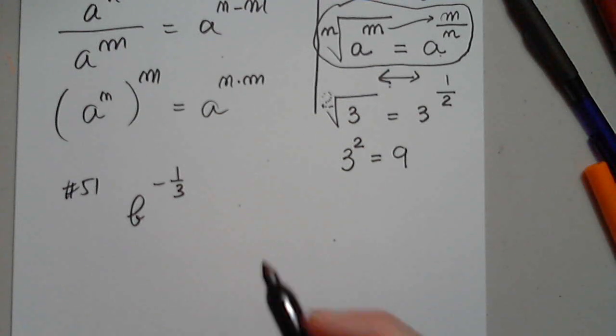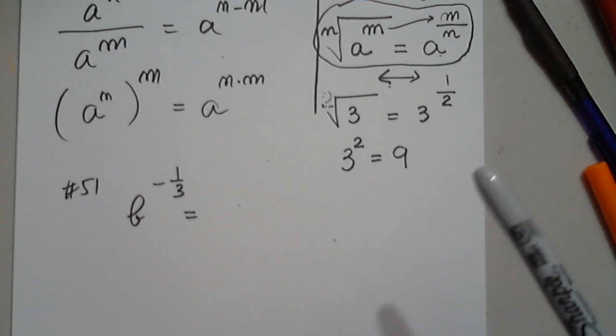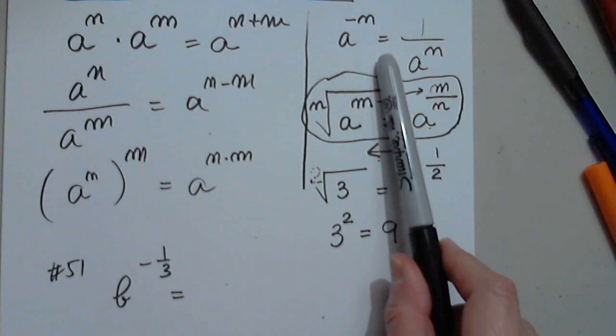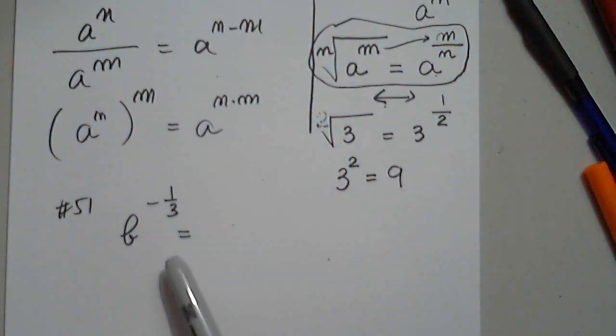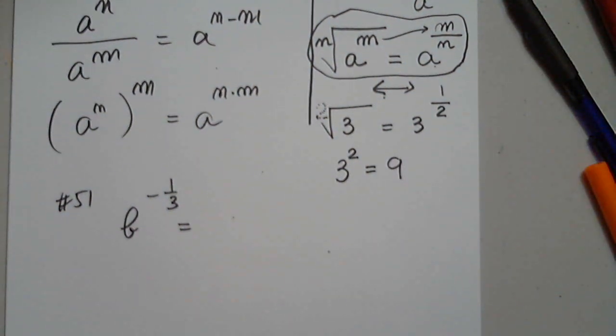Okay, so what do I do with this first? What is the first step here? What does b to negative 1/3 mean? First of all, I have to use this. So how do I change that? b to negative 1/3.